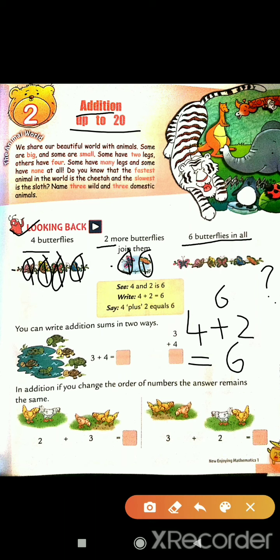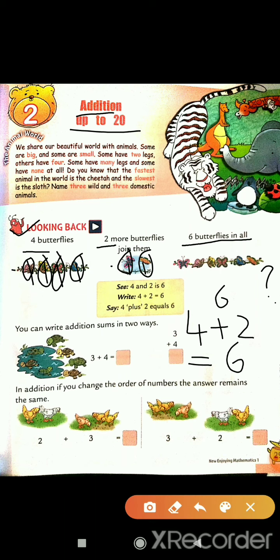So 3 plus 4 is equal to 7. Similarly, here also 3 and 4 are there. So 3 plus 4 is equal to 7. So whether you write it in this way or this way, the answer is going to be the same. Got it, students?